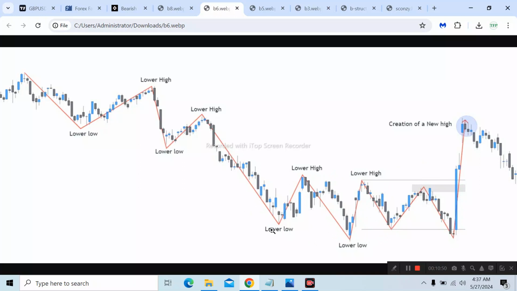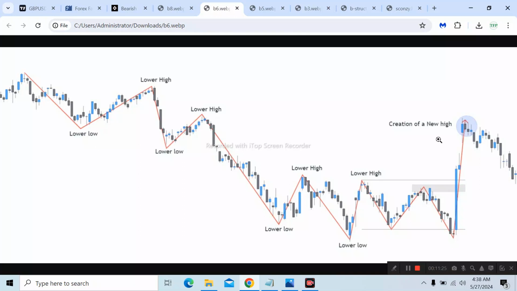When you see price creating lower lows, a low that is lower than the previous low, like this low is lower than the previous low, but then price refuses to make another low lower than this previous low and begins to form a new high like this over here, that is how you know price has changed direction. That is how you know the market has changed structure from the bearish to the bullish side.